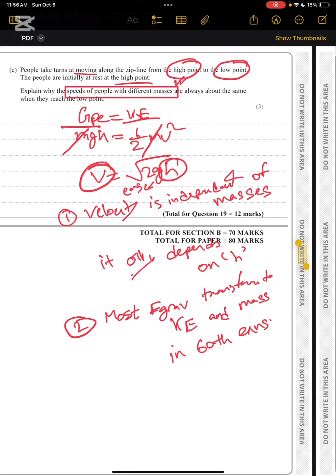The mass is in both the equations. And another thing is there is no resistive forces.